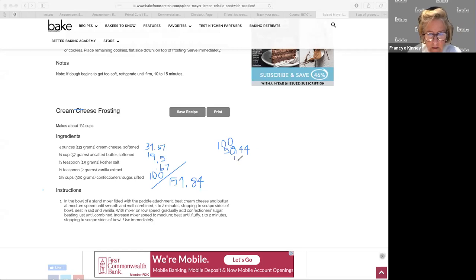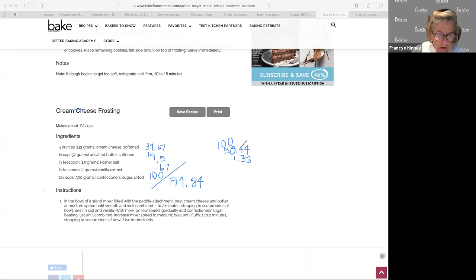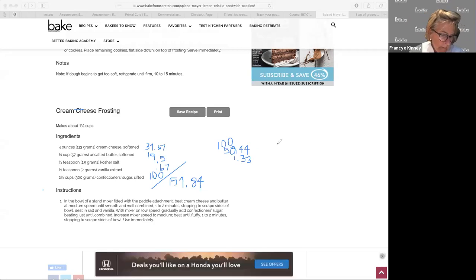We are going to be off here, but I think it still works out. I don't think it really in the end matters. And then 2 divided by 113. We get 1.77. And then 300 divided by 113.